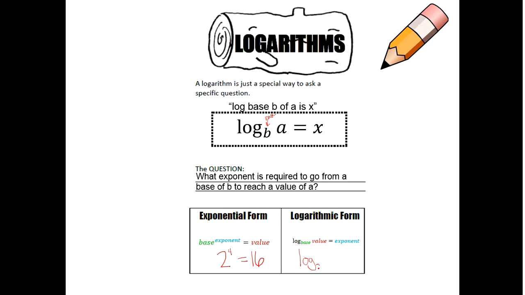So log base 2 of the value, 16, equals my exponent, which is 4. So guys, here's why the question is, what exponent, aka 4, is required to go from a base of b to reach a value of a? Okay?